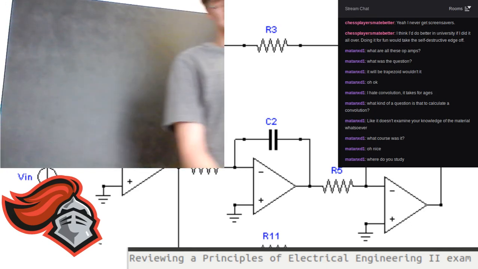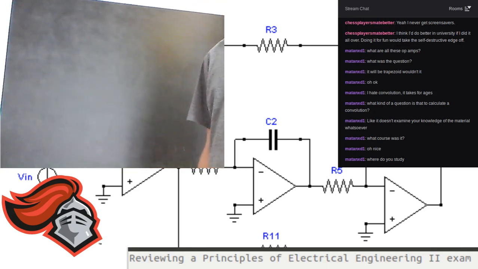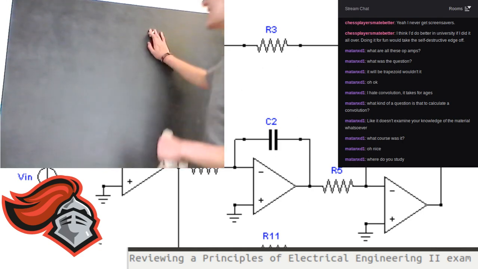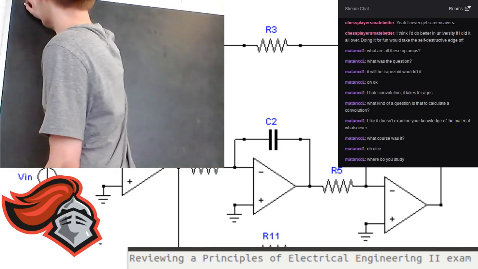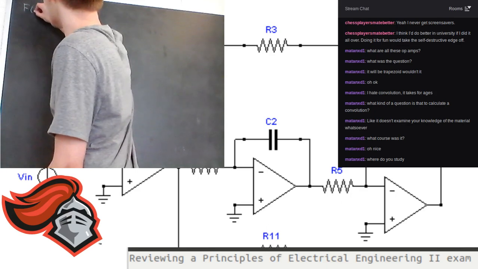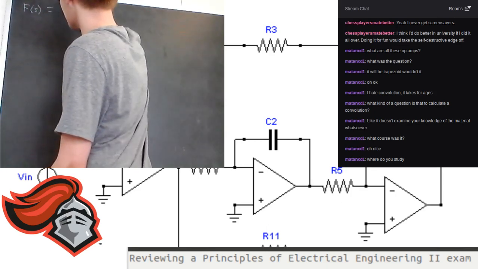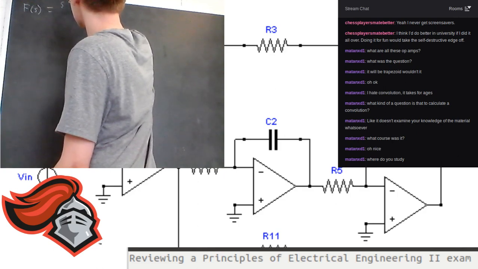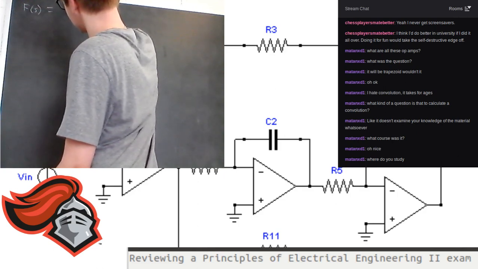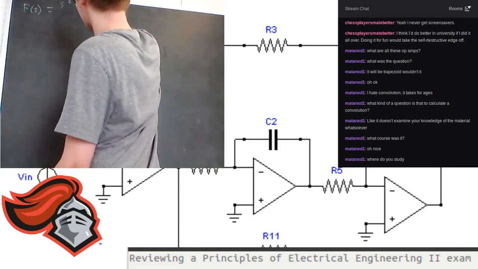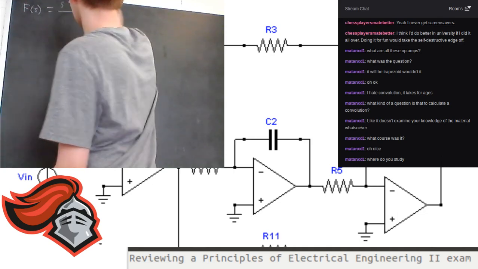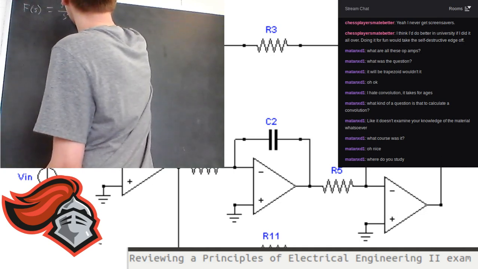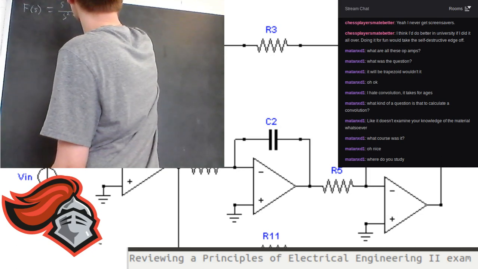All right, let's go to question number 6. Question number 6. It gave you f of s equals, I remember the numbers for this one very distinctly, s squared plus 7s, yeah, plus 14, over s squared plus 3s plus 2.